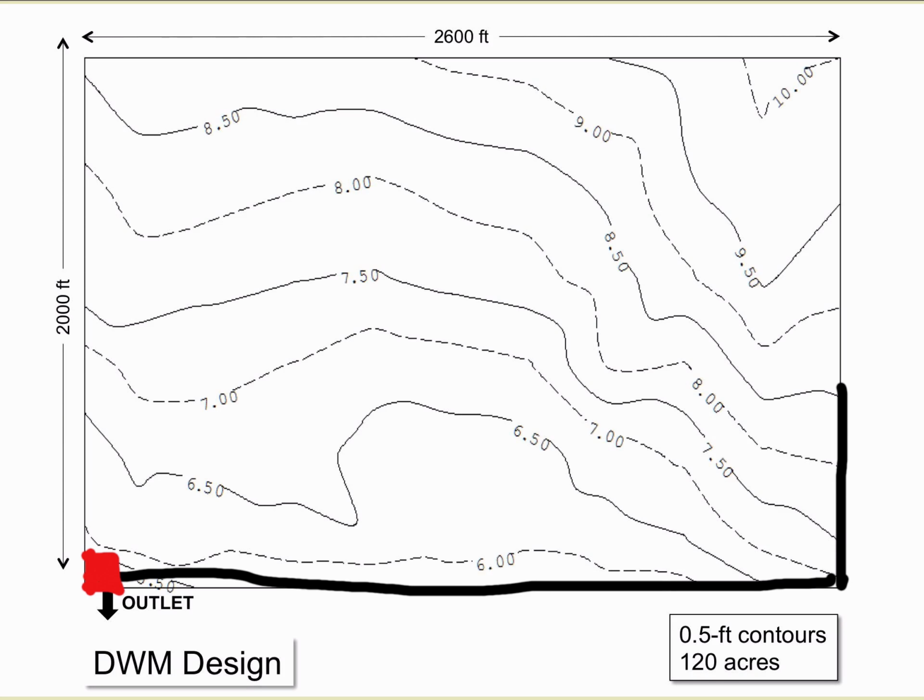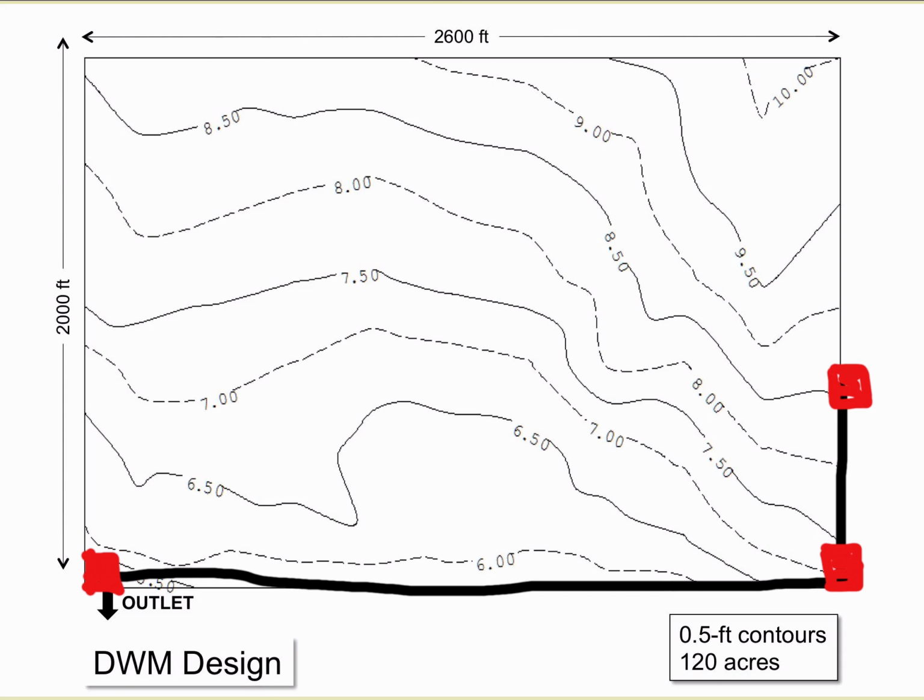My second one is at 7 over here. And my third is at the 8.5-foot line. That keeps my structures out of the middle of the field. Might not be a bad option.